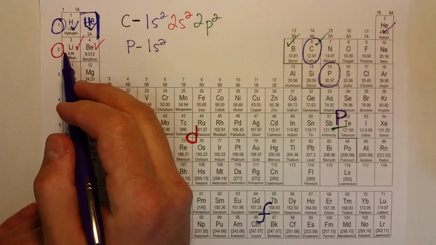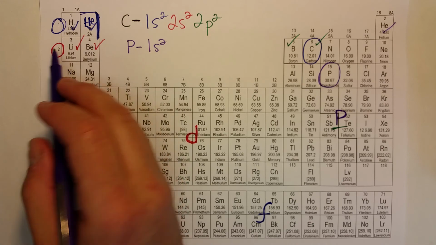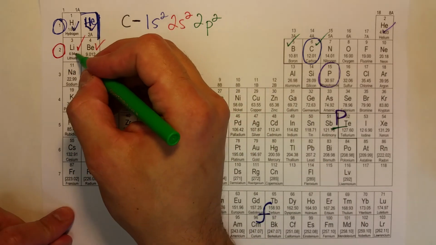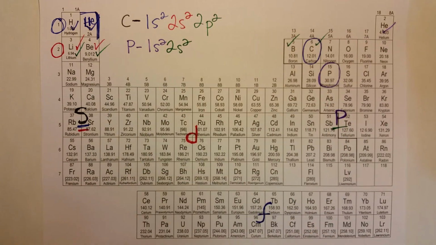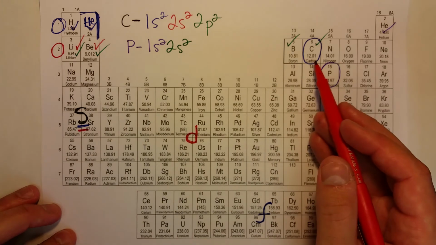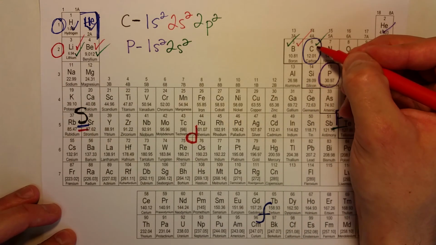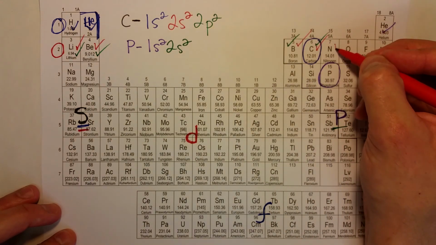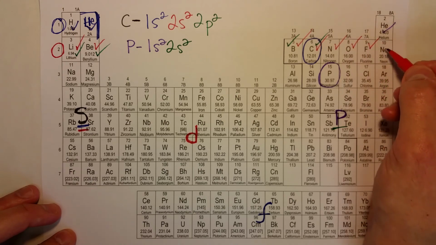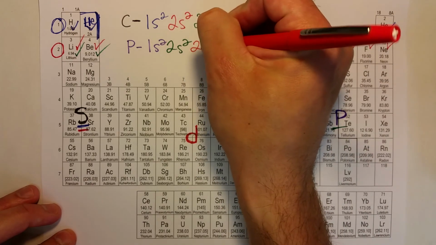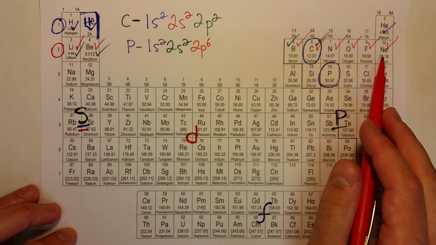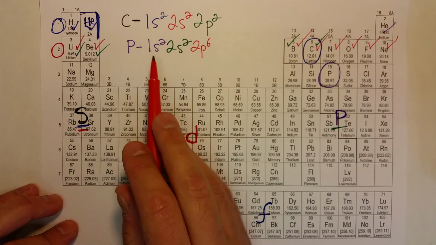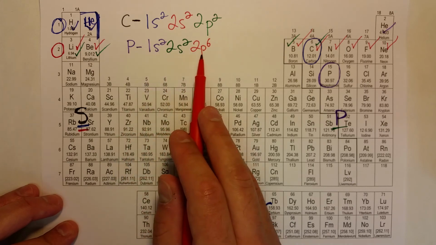We come down to the second period, so it's 2s1, 2s2, just like carbon. And I keep on going, just like carbon. I'm over in the p block, 2p1, 2p2, 2p3, 2p4, 2p5, 2p6. If I was looking for the electron configuration for neon, I'd be done. The electron configuration for neon is 1s2, 2s2, 2p6.